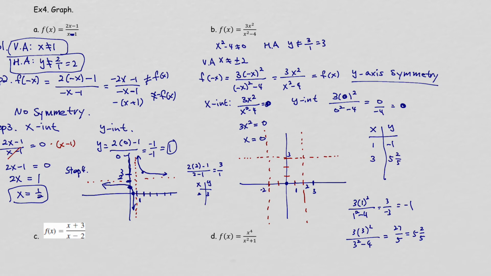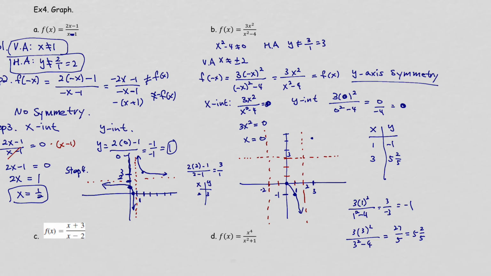So if it's 1, it will be negative 1, somewhere right there. Positive 3 will be 5, 1, 2, 3, 4, 5, 6, so it will be between 5 and 6, somewhere right here.